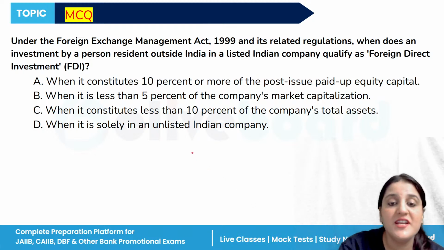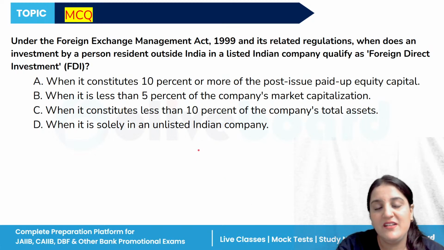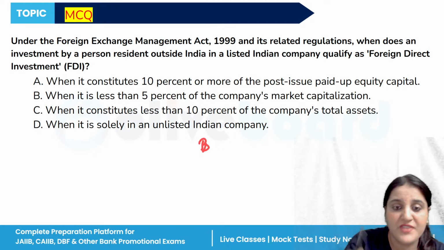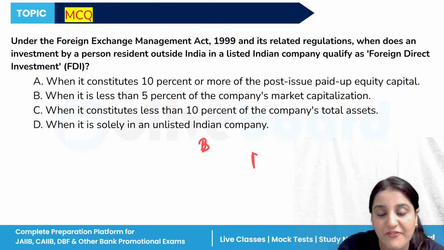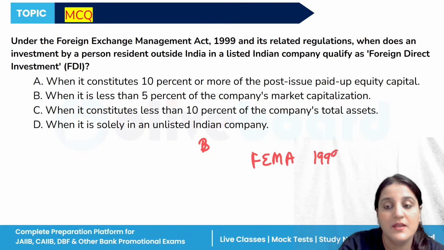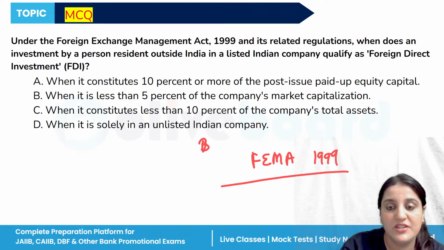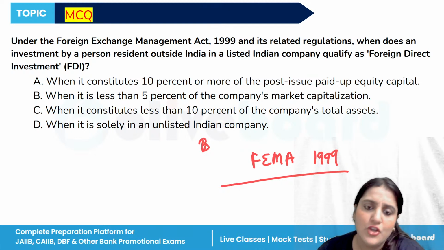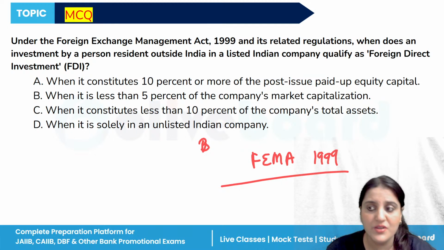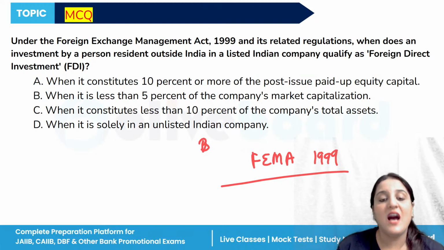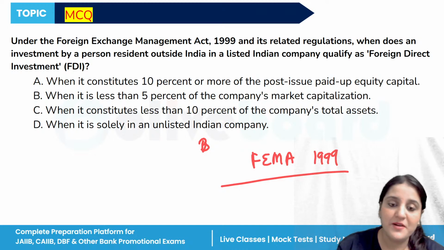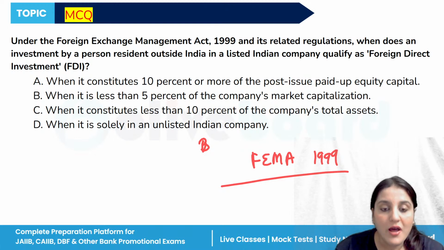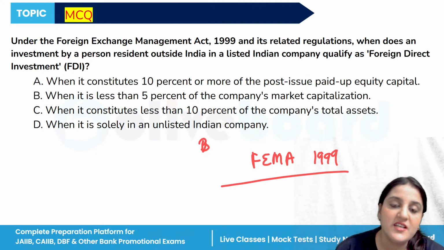If we talk about foreign investment in India, under clause B of subsection 3 of section 6 and section 7 of the FEMA 1999, read with the Foreign Exchange Management rules, FDI is an investment through capital instruments by a person resident outside India in an unlisted Indian company, or in 10% or more of the post-issue paid-up equity capital on a fully diluted basis of a listed Indian company.